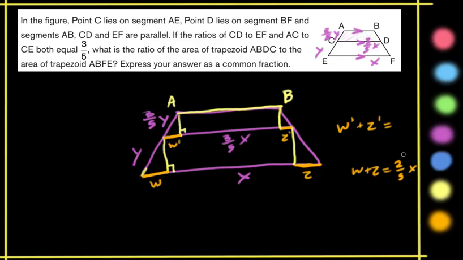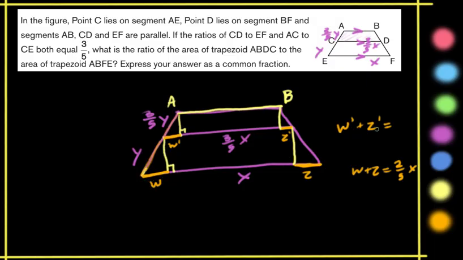Because this 3/5 Y is 3/5 as long as this Y here, these similar triangles can be used to relate W prime and Z prime to W and Z.